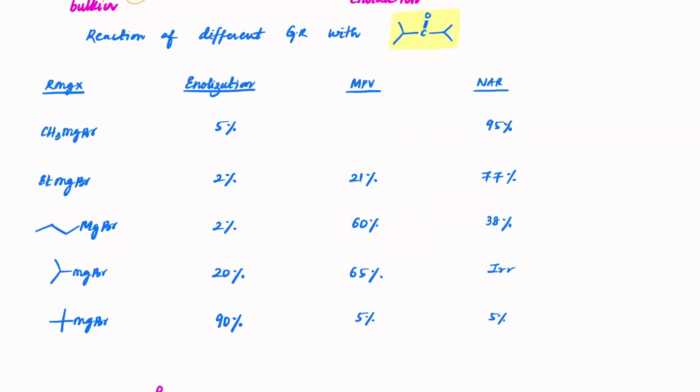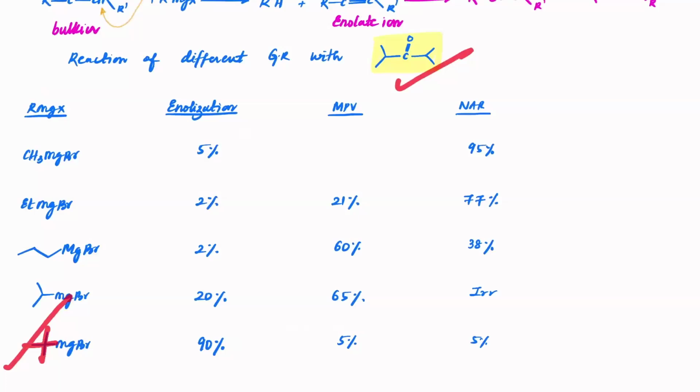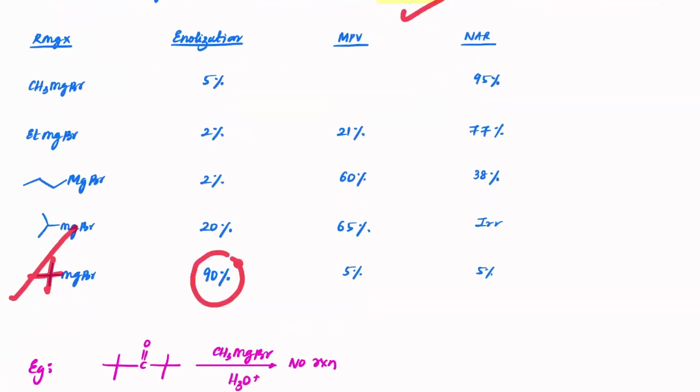And if the bulkiness comes to this extent, if it is almost like an isopropyl, then attack becomes very difficult. So it will only go for MPV and some percentage of enolization. If it becomes tert-butyl, that means this is bulkier as well as this is bulkier, and then enolization is most favorable.